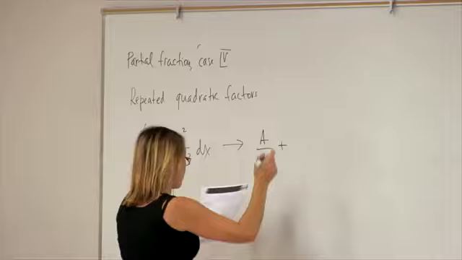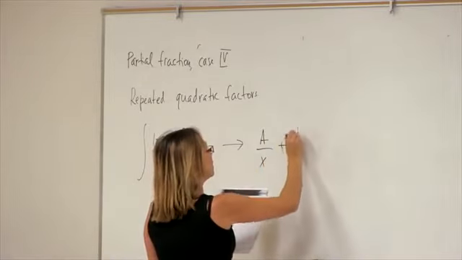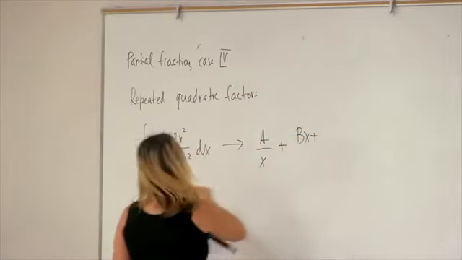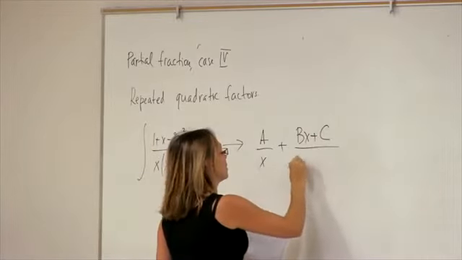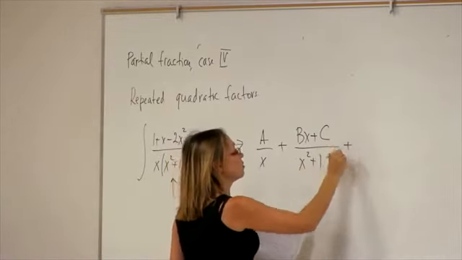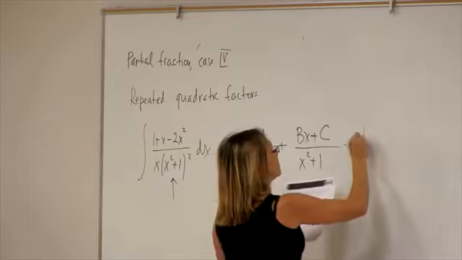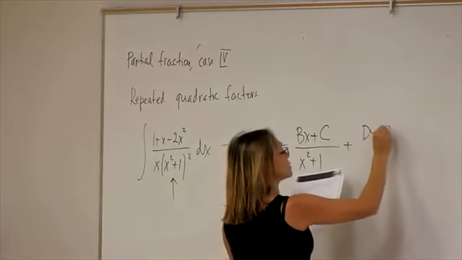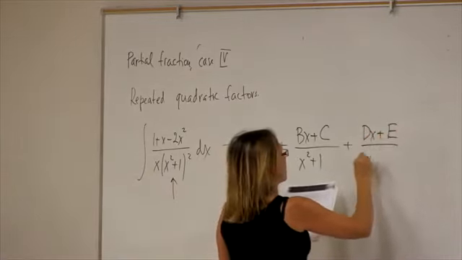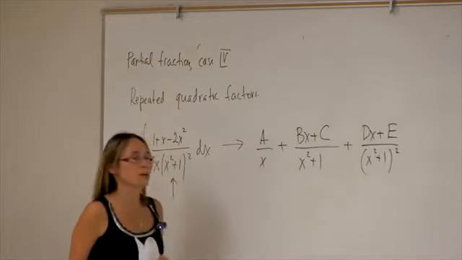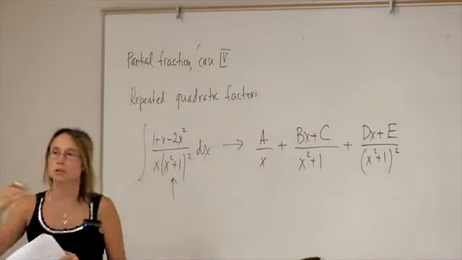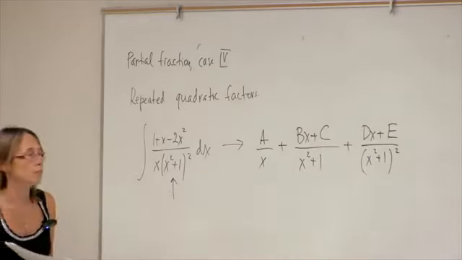I'm going to have 2 terms corresponding to x squared plus 1: bx plus c over x squared plus 1, plus dx plus e over x squared plus 1 squared. Okay? So this is the general procedure.